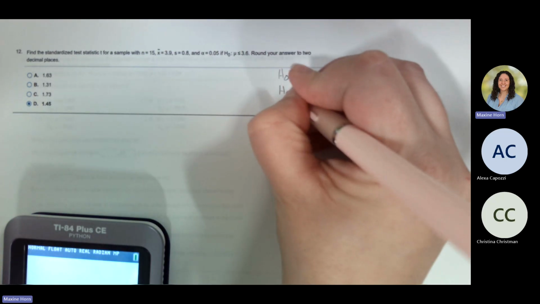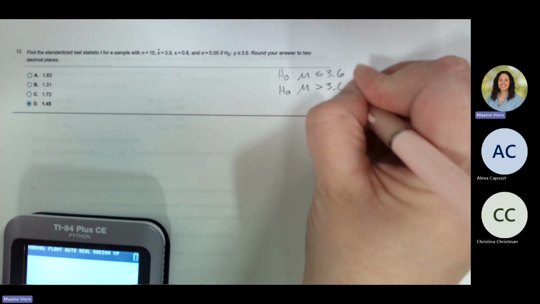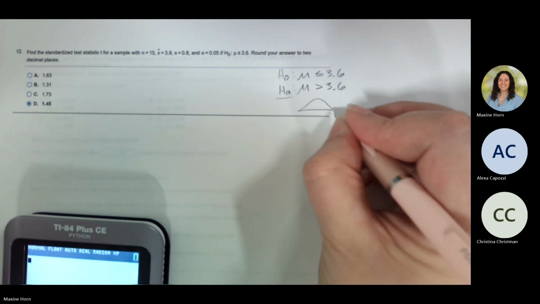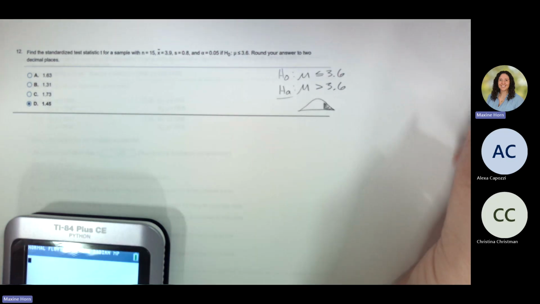So our alternative hypothesis is the complement of that. If we draw a picture, it's greater than, so this is a right-tailed test. They gave us a level of significance, an alpha of 0.05, and an n of 15.